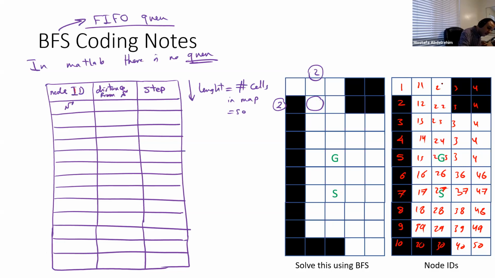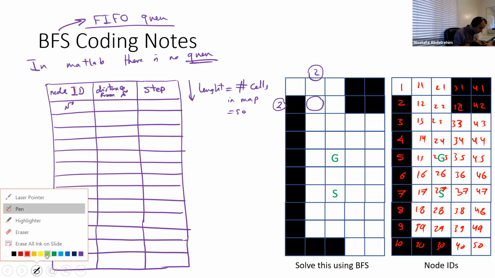Okay, that's right. There is 1. Okay, we completed it. So these are all the IDs that we need.